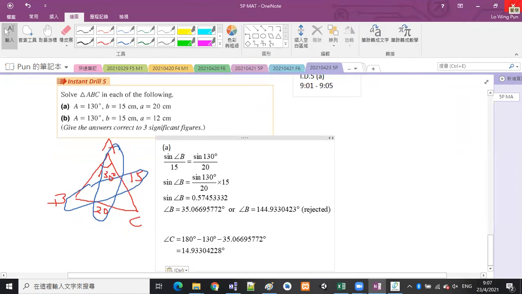It should be 40.9 something, right? Okay, angle C. And then finally, we still need to find the length C. So we use another round of sine formula.